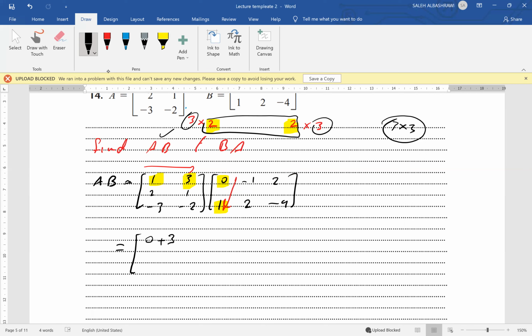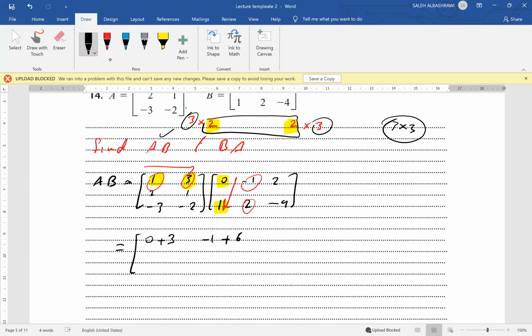Now let's move to the second column. In this case, 1 multiplied by minus 1 is equal to minus 1, and 3 multiplied by 2 is plus 6.